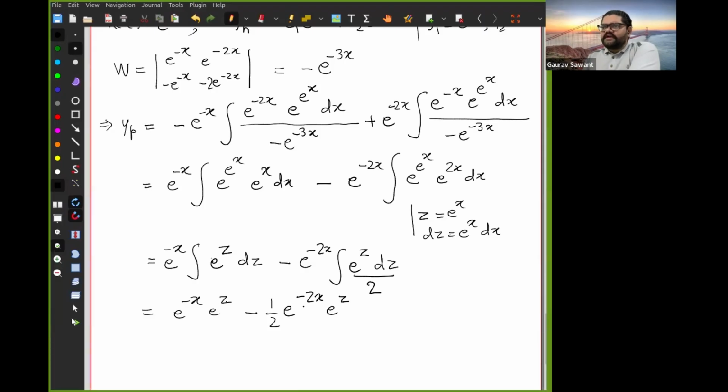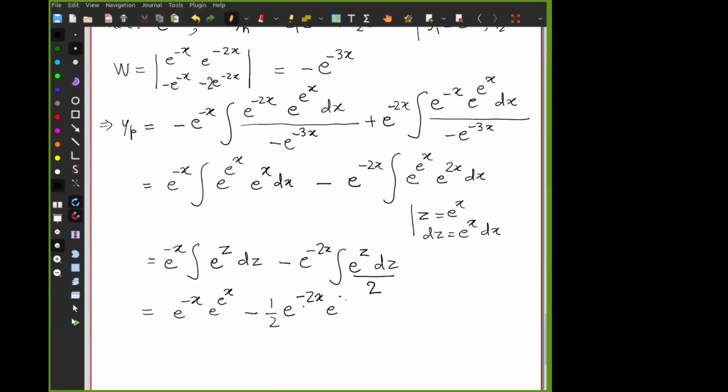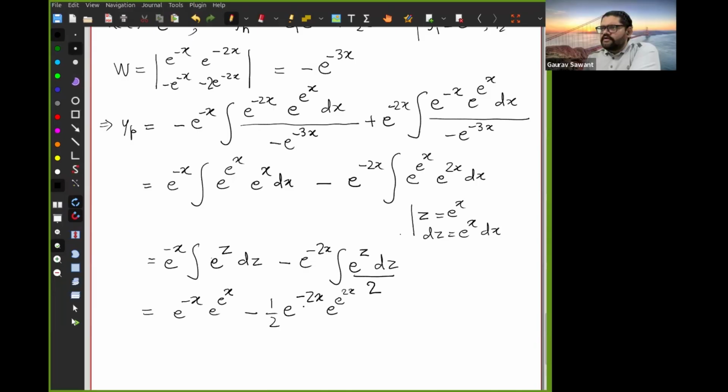In the first case, my z was e power x. In the second case, my z was e power 2x, right? So just check if we have made any mistakes in the calculation. Just check once.